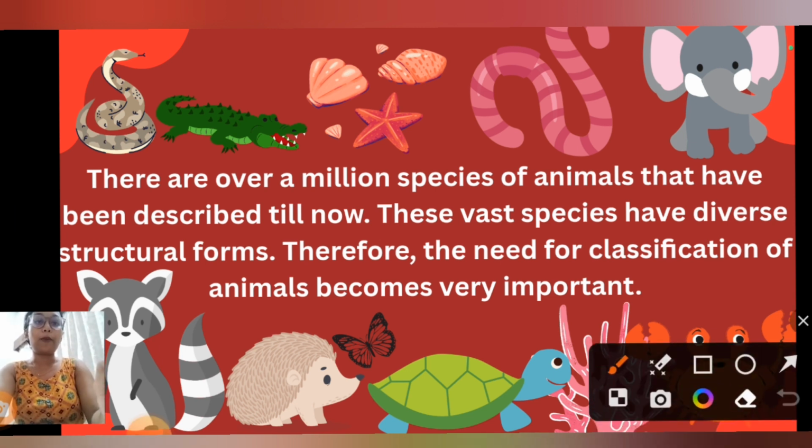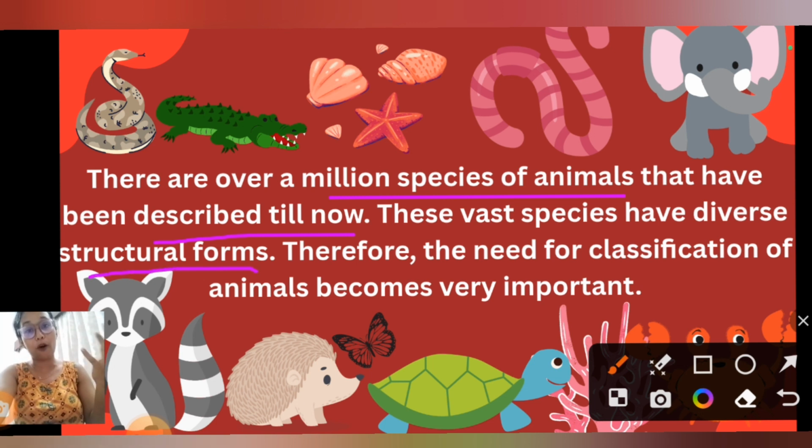There are millions of species of animals that have been described, discovered till now. These vast species have diverse structural forms, they look different, and they have different adaptations also. Therefore the need for classification of animals becomes very important. So we need to classify these animals.